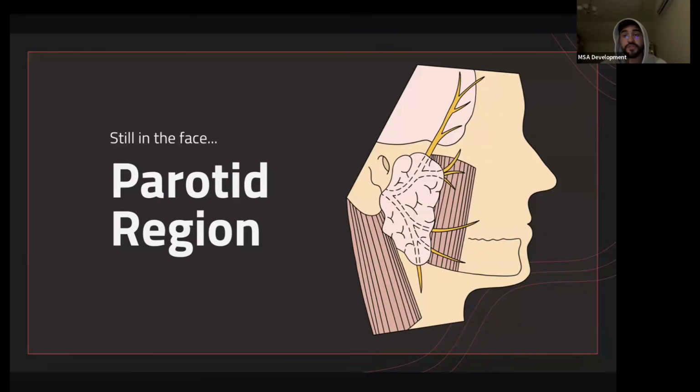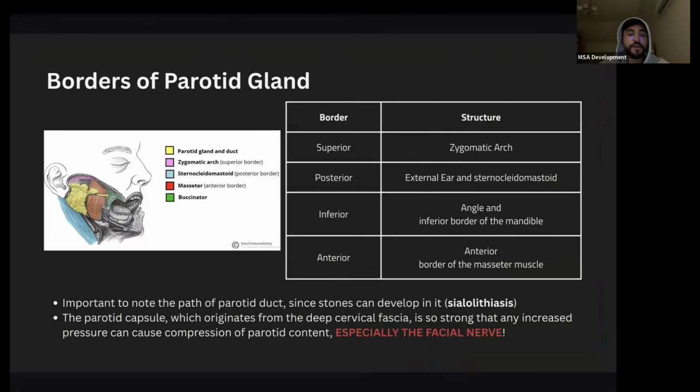Like the parotid region. Parotid is very, very important. It has a lot of structures, a lot of borders that you need to know. So, first of all, something that I'd like to cover before I dig deep into this. Facial nerve pierces through the parotid, but does not supply it.